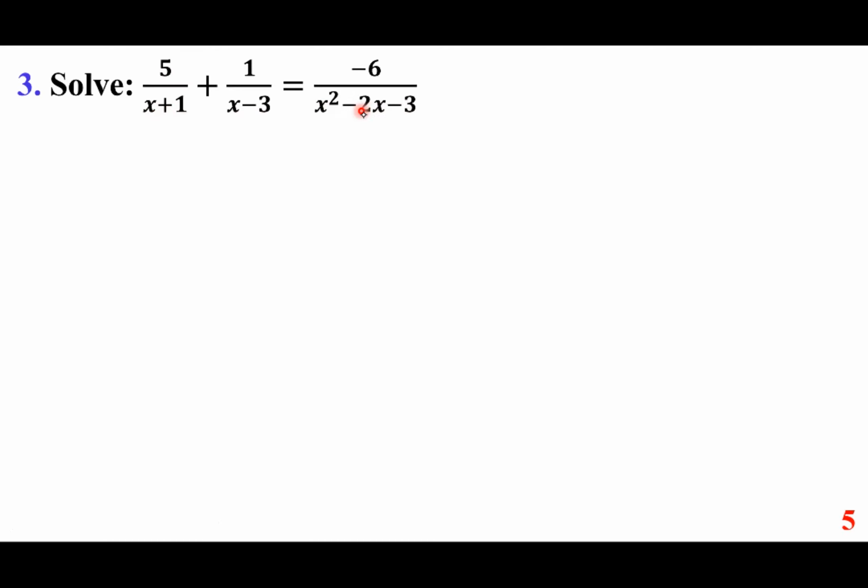All you have to do is factor x squared minus 2x minus 3. So we want two numbers. The product is -3 and the sum is -2.